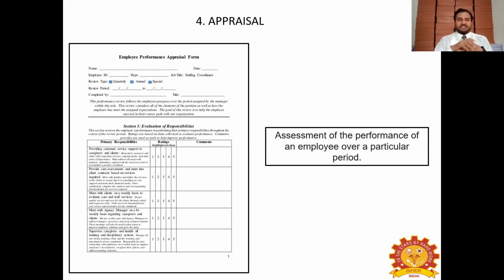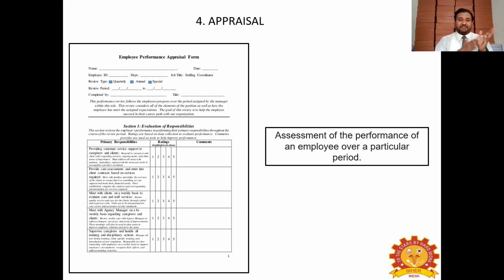They will make a tick mark. They will give marks for each and every category of questions. And finally, based on the overall comments about that particular employee, they will decide whether to go for giving increment or not for that particular employee. So this is purely based on the performance of an employee during a particular period of time.